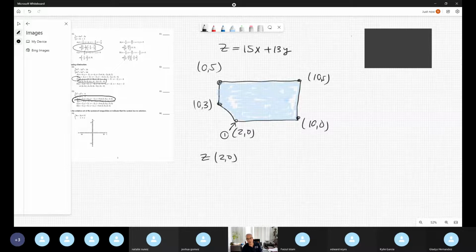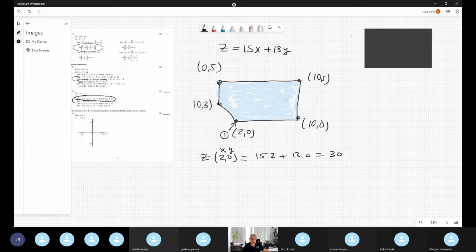I rotate around the pentagon counterclockwise. You evaluate 15 times 2, because this is the x value, this is the y value, plus 13 times 0. That's 30. This is the objective function evaluated at this corner.